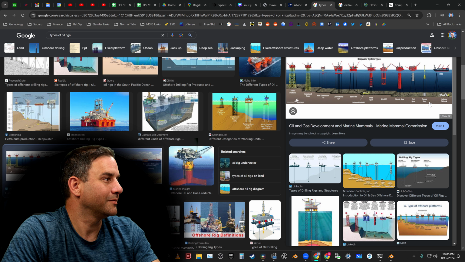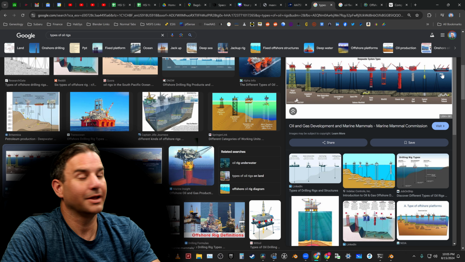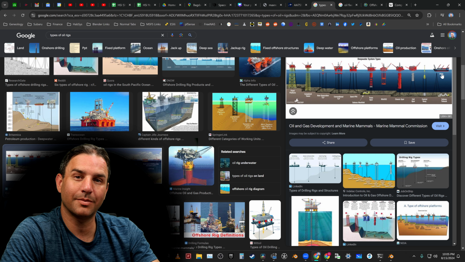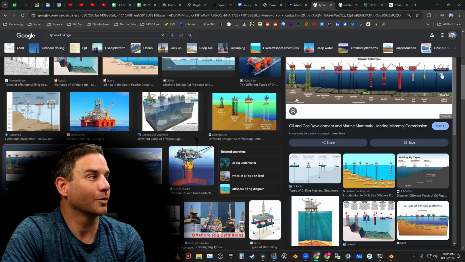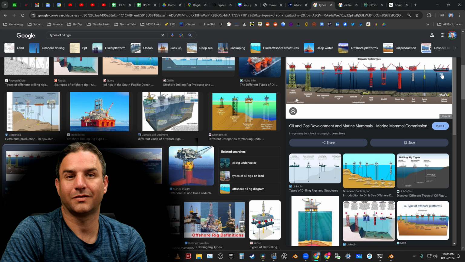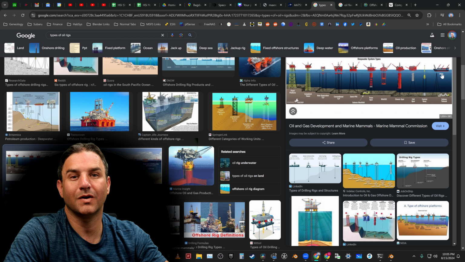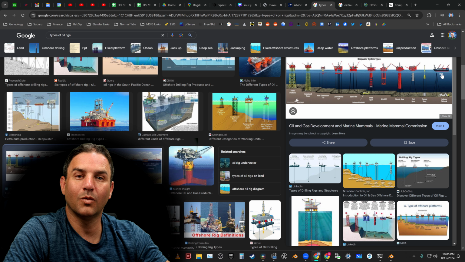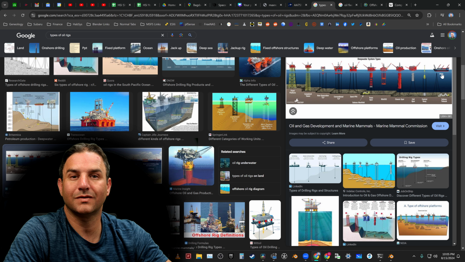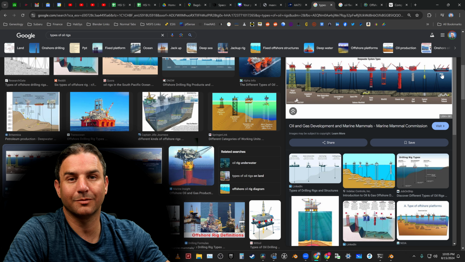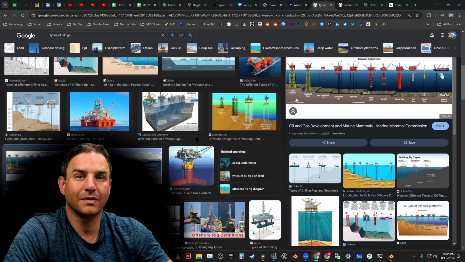And then you have an FPSO. Now, an FPSO is a huge ship that is permanently moored. And that's another interesting idea, because you can moor basically a gigantic ship that's very stable because it's so huge.